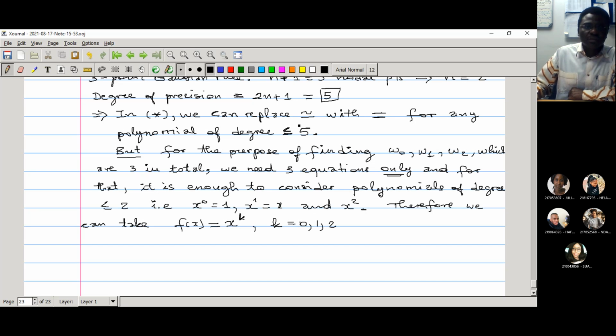So this will be enough to determine unique coefficients W0, W1, W2, because you can see we have three equations.